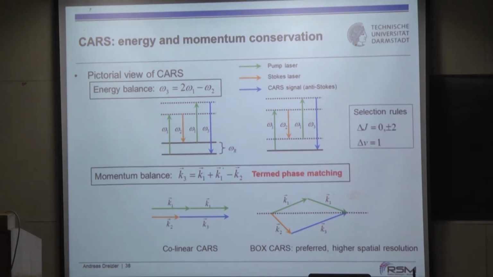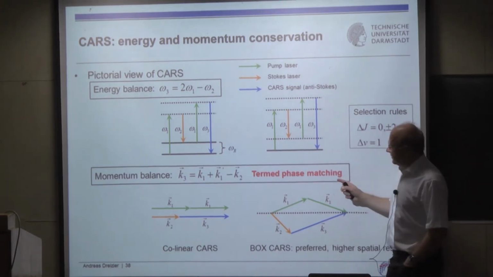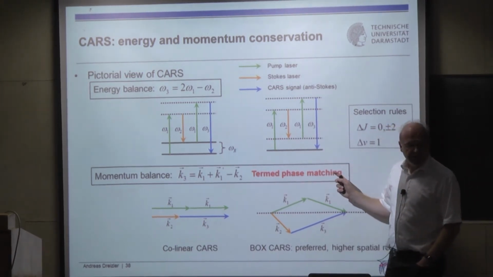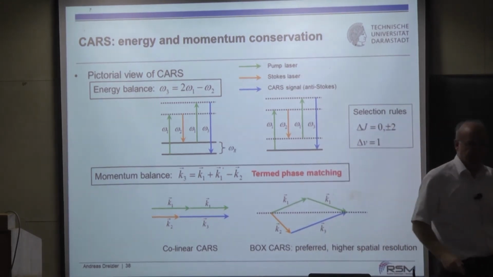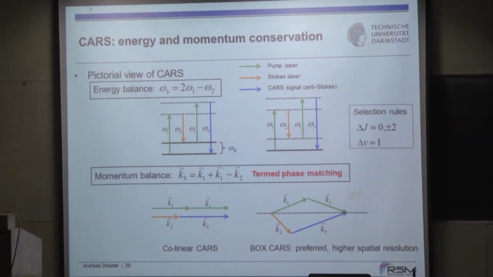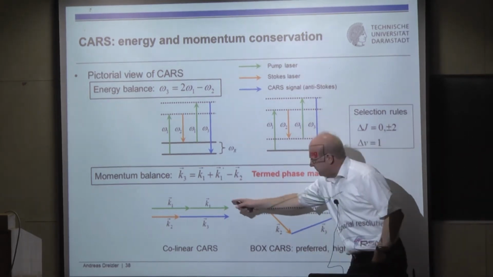It's maybe less intuitive to understand the phase matching. So this is just to confirm that the energy balance is fulfilled, right? Now, in the phase matching, in this spectroscopy, you have to actively make sure that the momentum balance is fulfilled, yeah? And the momentum balance is expressed by these K vectors.